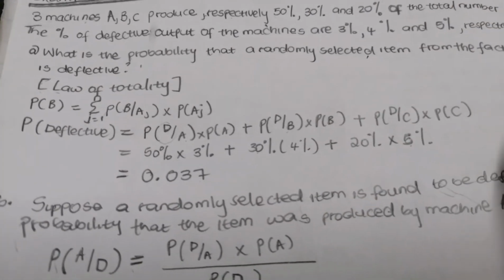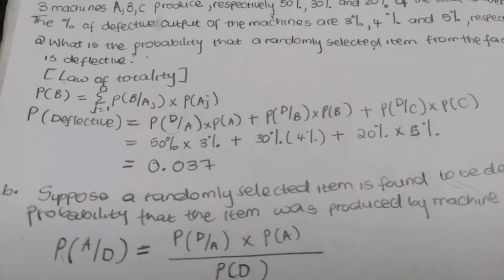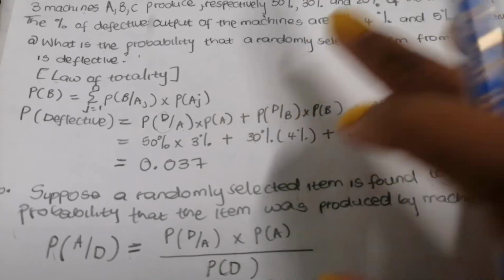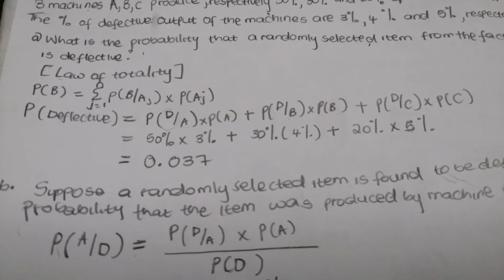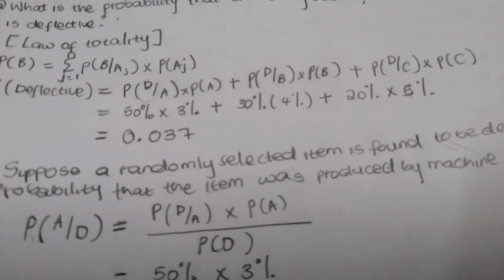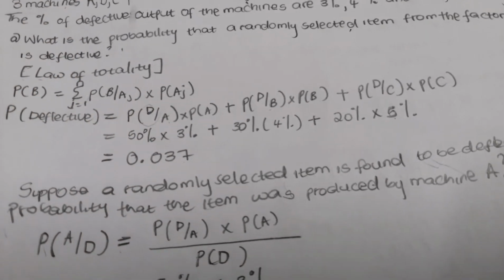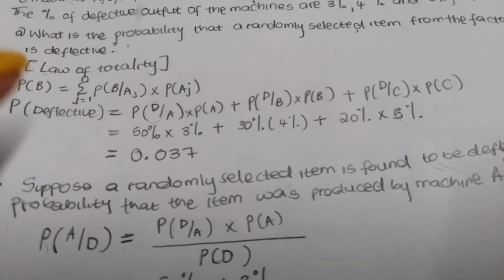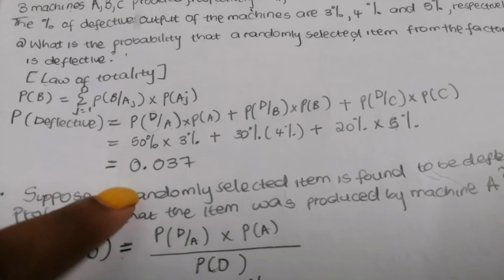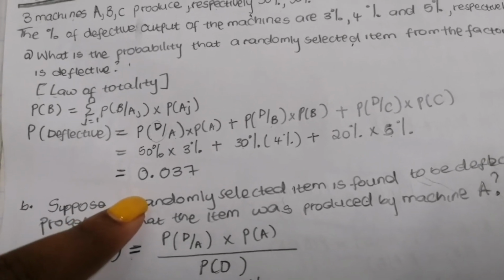And then we'll sum up until all the conditions are met. The probabilities were already given, so we just had to substitute and get the answer, right?